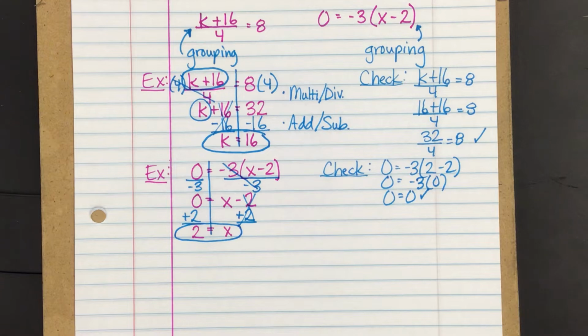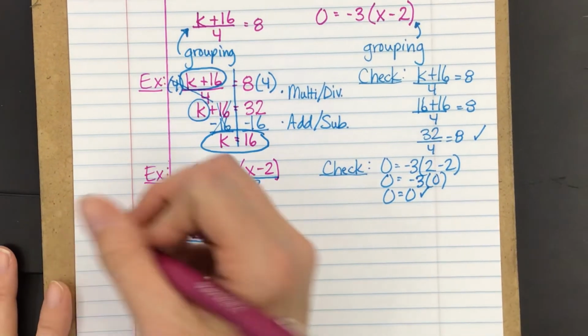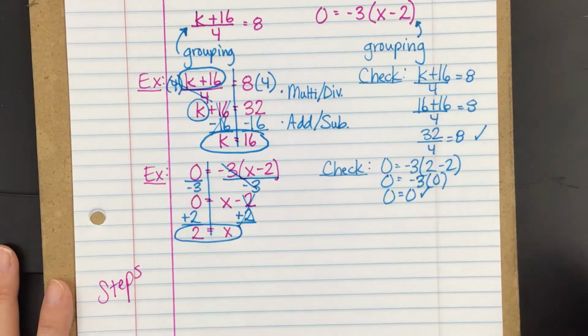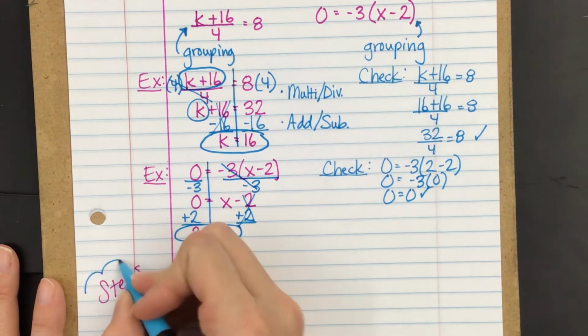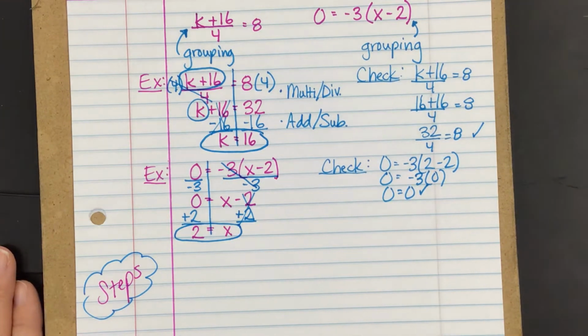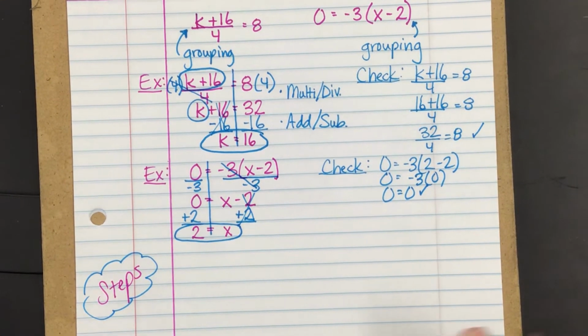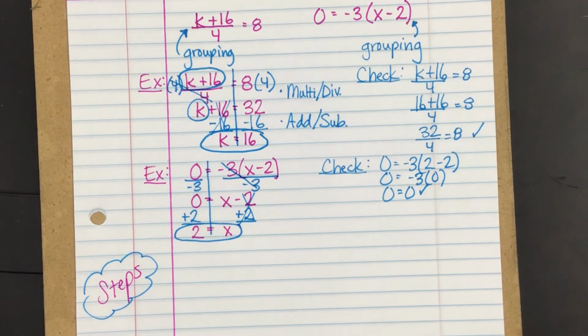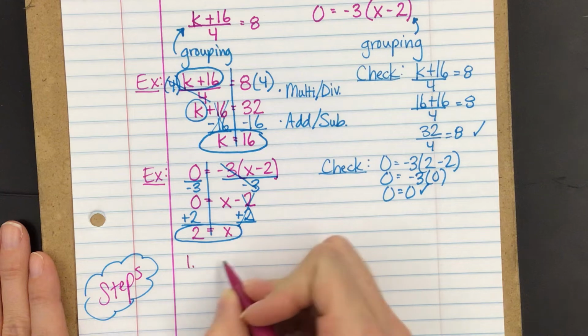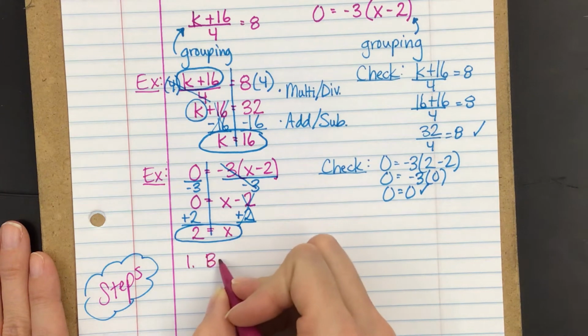Okay. So let me write down the steps, and then I'll give you some practice ones to try. So when you're looking at a problem, you need to decide: is there grouping in it, or is there no grouping in it? Because you approach those differently. So the first thing we do is we put our balance line.